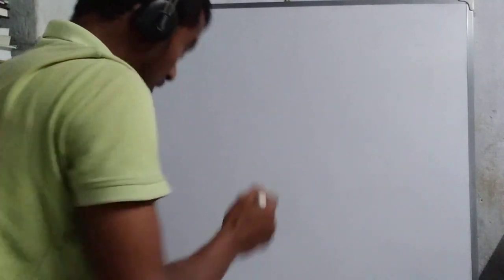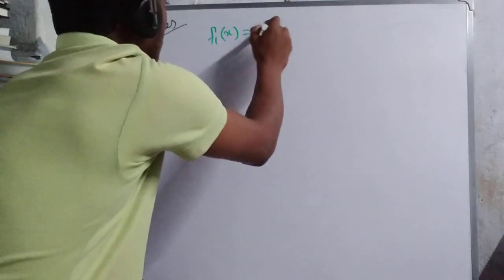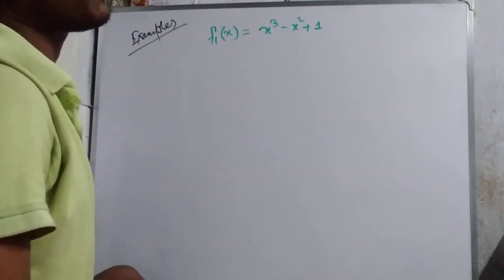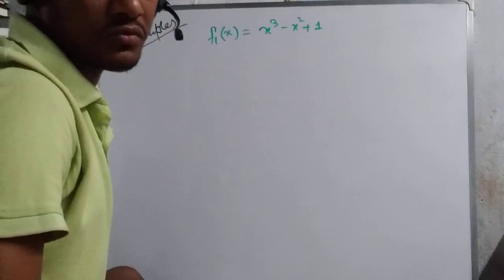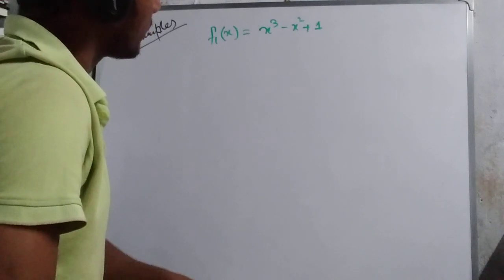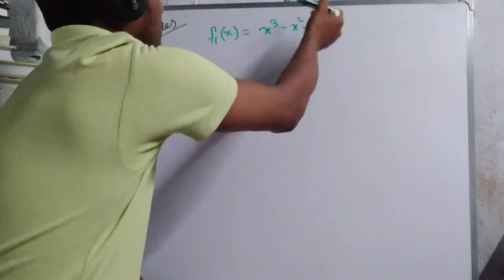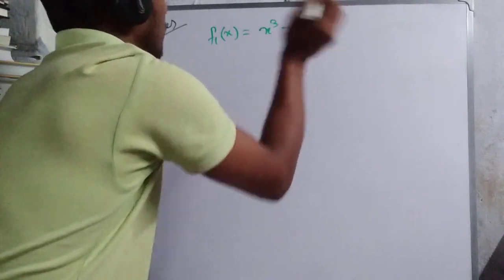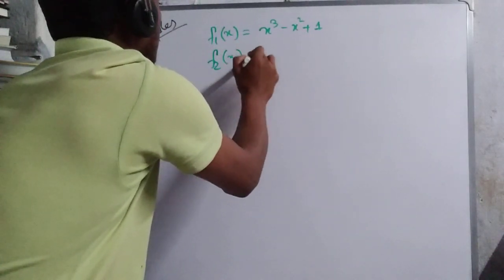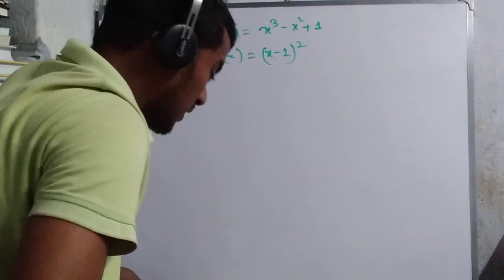Let f1(x) equal x cubed minus x squared plus 1, and f2(x) equal (x minus 1) squared.